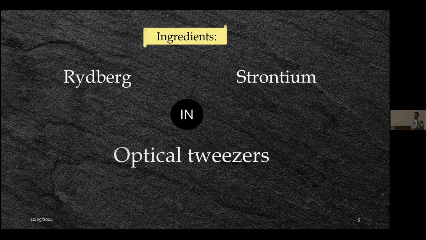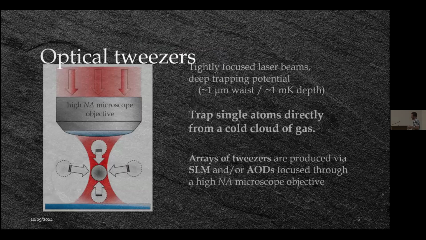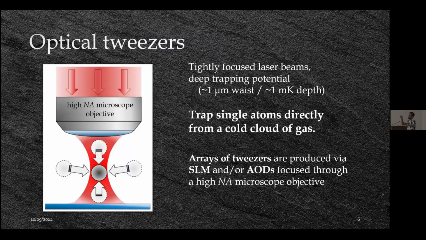Let's go further, and like every good recipe, we're going to have a few ingredients. So Rydberg is one, the strontium element is the other one, and the optical tweezer is the first that we're going to discuss now. What is an optical tweezer? An optical tweezer is simply a really tightly focused laser beam that will create a deep trapping potential.